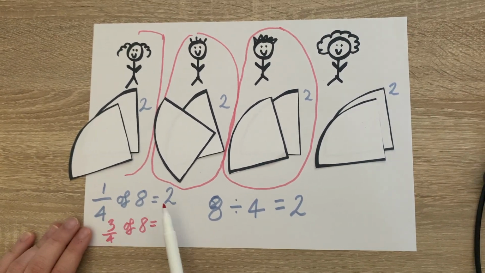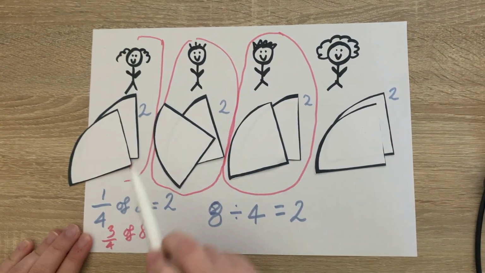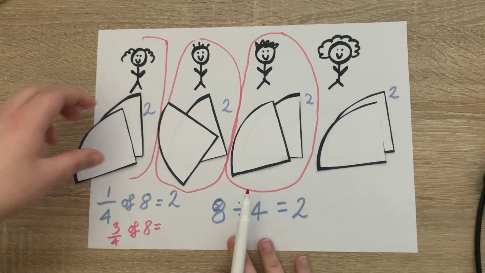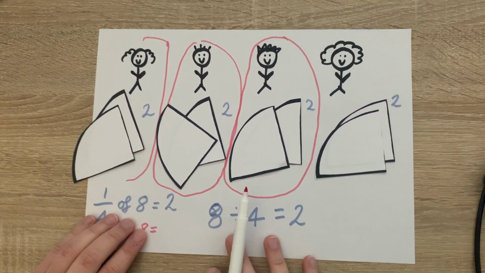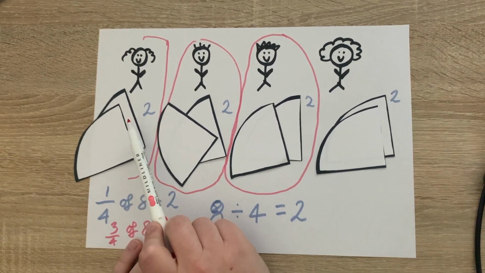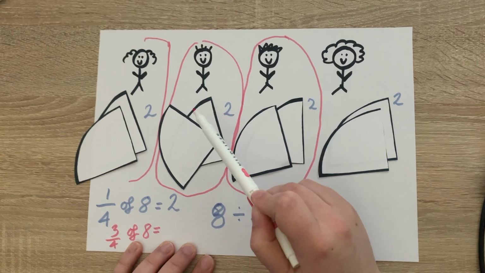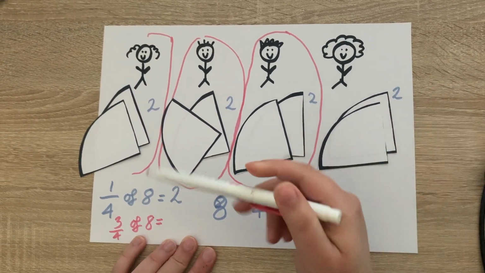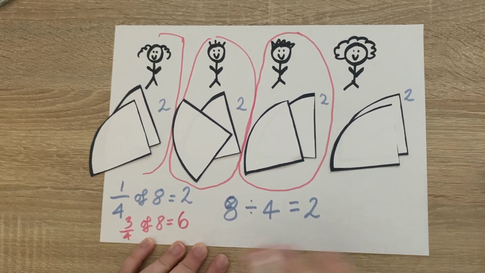So we know 1/4 is 2, that's one group here, and we need to work out what 3 groups is equal to. So let's use our times tables to help us. We're counting in 2s. One group is 2, 2 times 2 is 4, 3 times 2 is 6. So 3/4 of 8 is the same as 6.